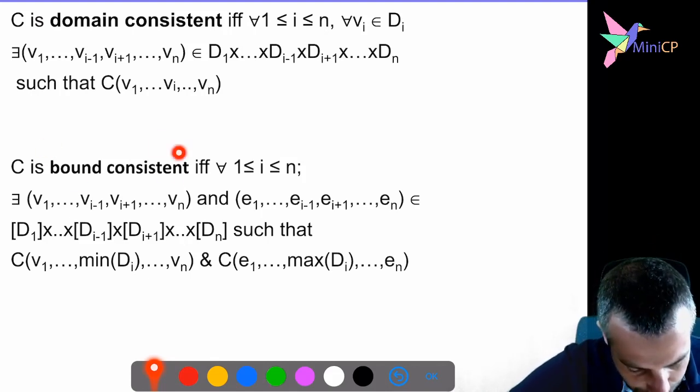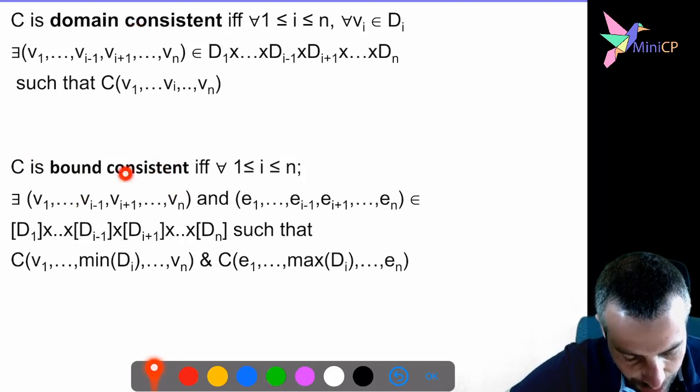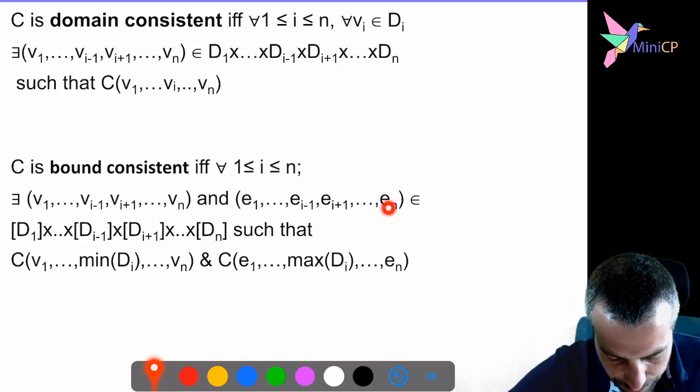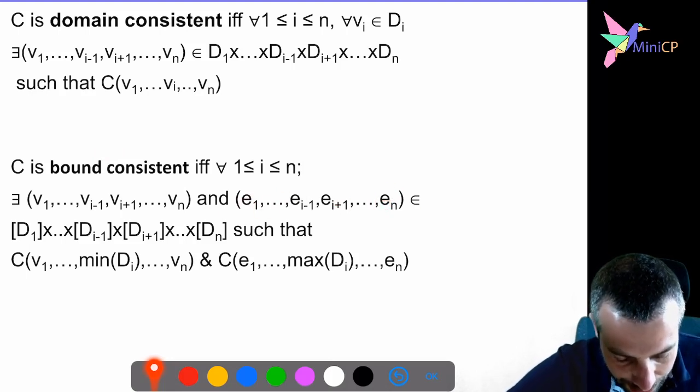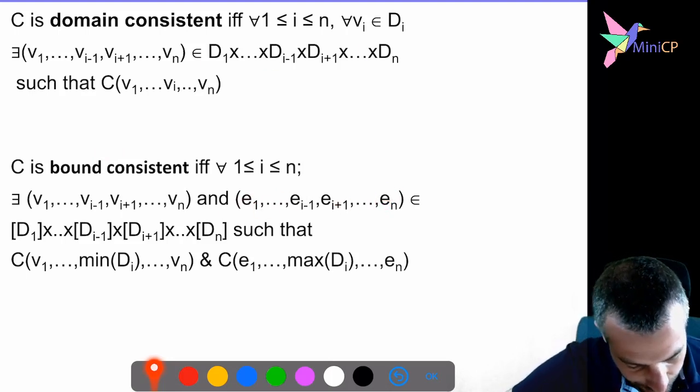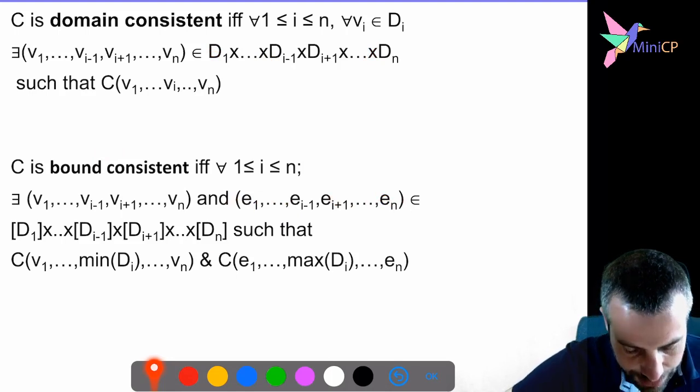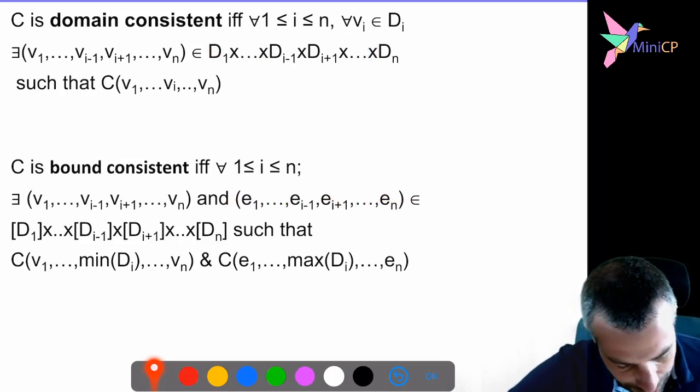Bound consistency is a relaxation of this. And the relaxation that we will do is that instead of requiring that the extension is inside the original domains, you see that I change the notation here. Instead of requiring that it's inside the original domains, it is inside the extended domains, okay?